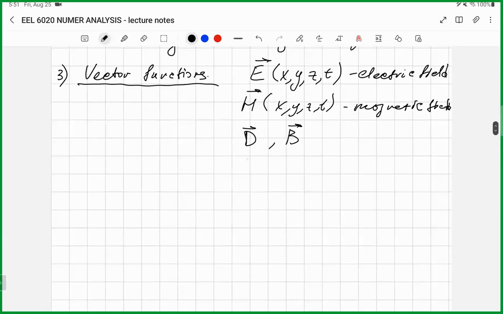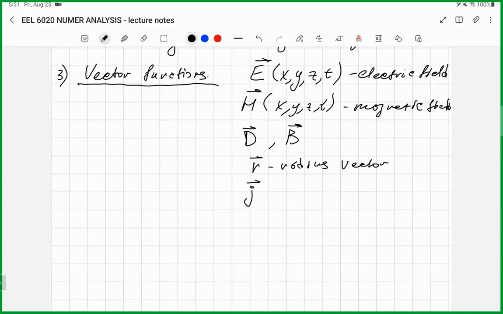Of course, another example of a vector function is the radius vector. The radius vector indicates the position in space. So we use the radius vector to indicate the place in space we refer to. Very important one. And of course, vector functions can depend on other vector functions.